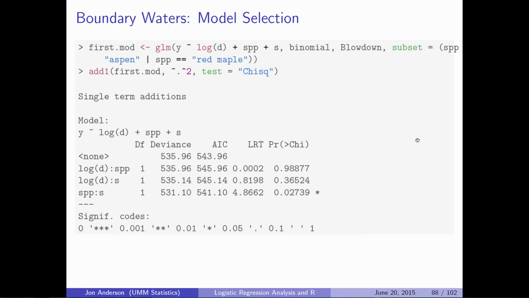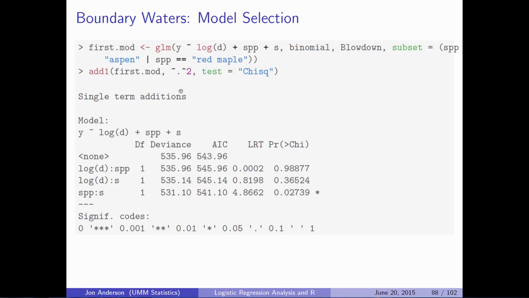This particular overhead talks about how to think about adding terms to a model. Here's a basic model called first mod, and maybe there needs to be more complicated structure than just a main effect for diameter, species, and severity. Maybe we need interactions. How do we know which interactions to do? Well, we could say, let's add interactions one at a time to first mod.